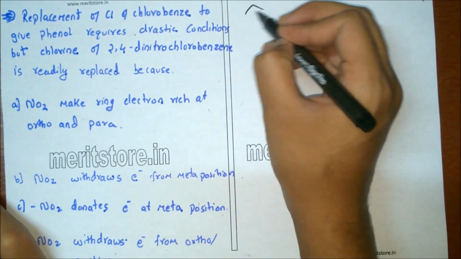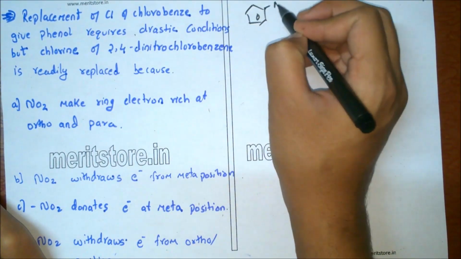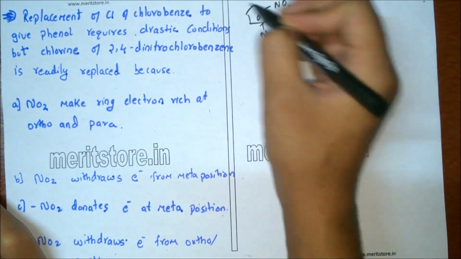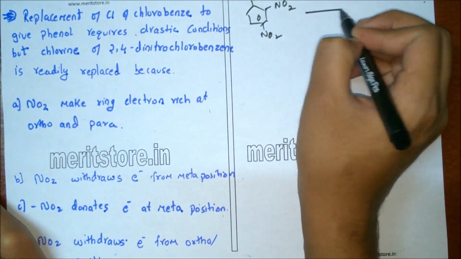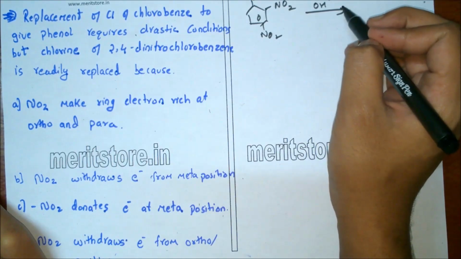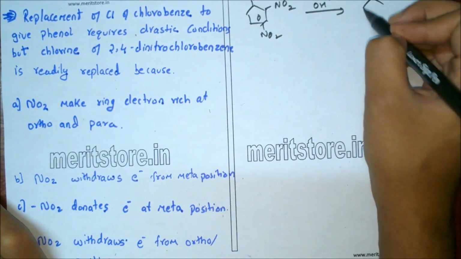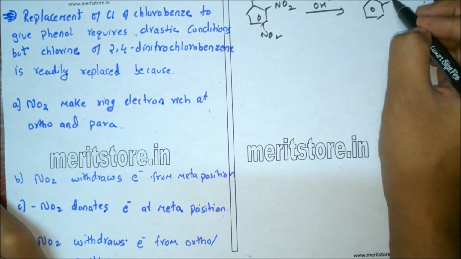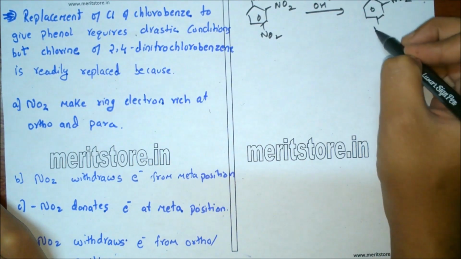So the structure of dinitrochlorobenzene, on reaction with alkali, the chlorine is easily replaced by the OH or hydroxy group.